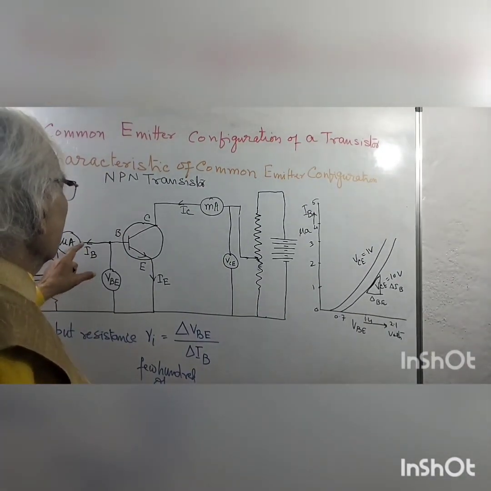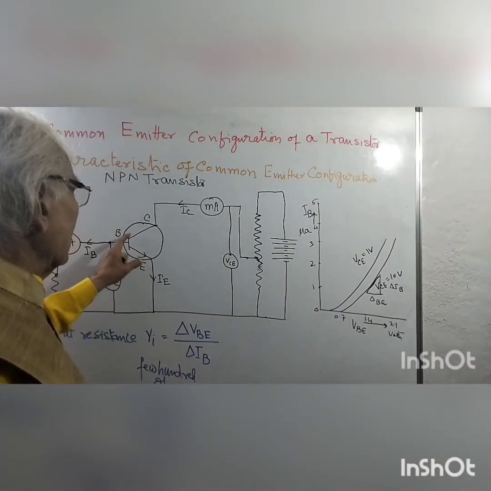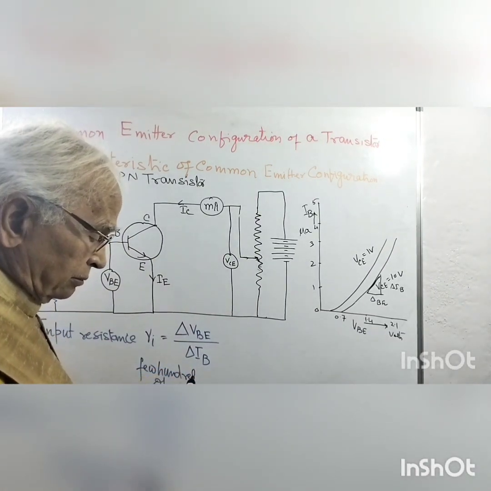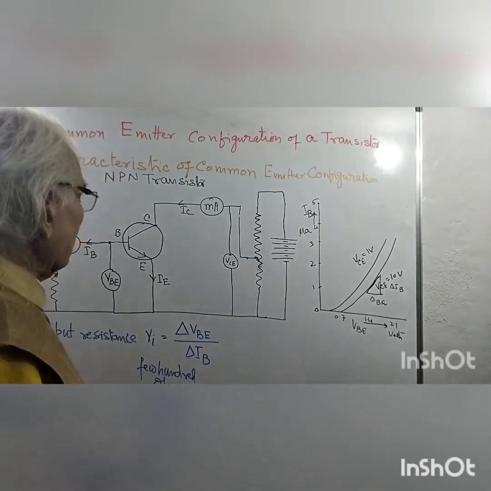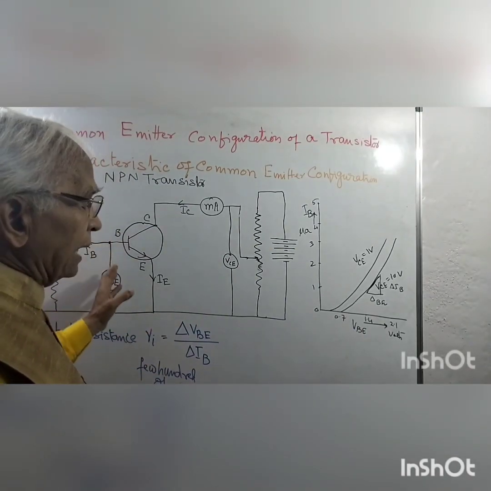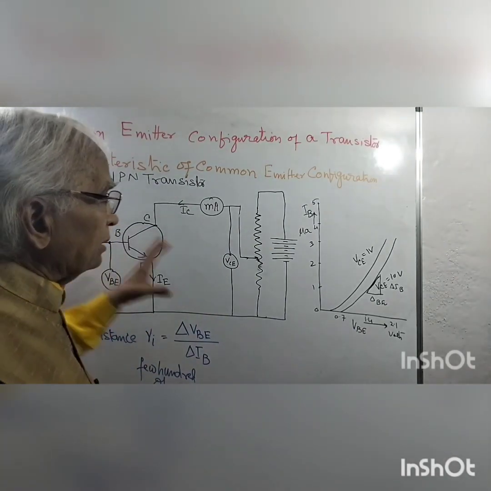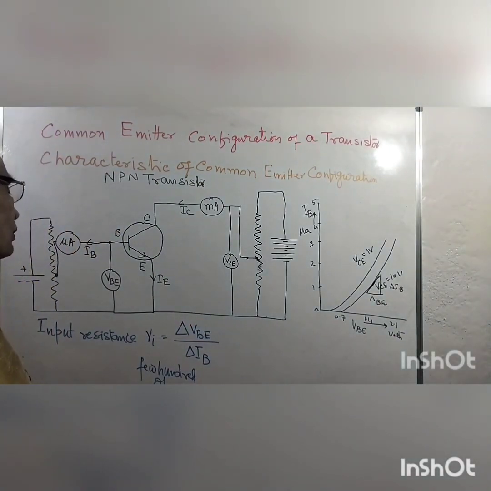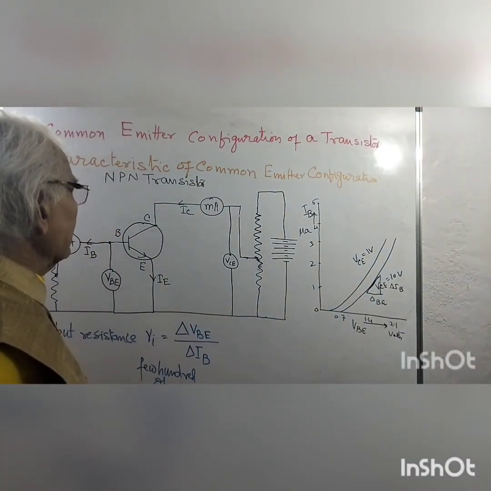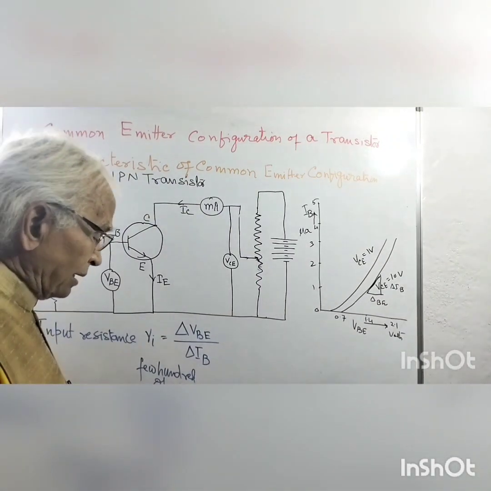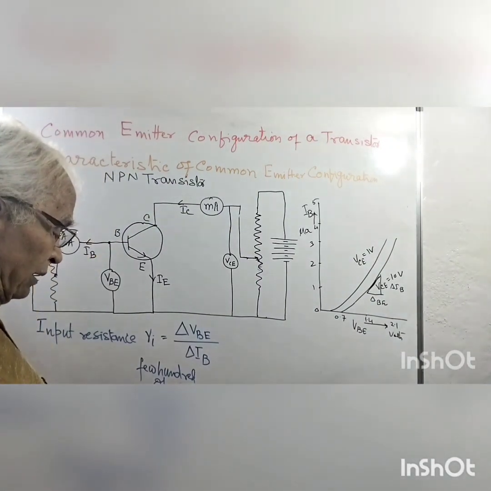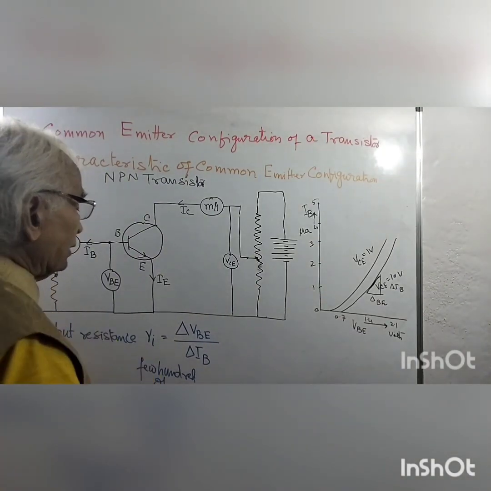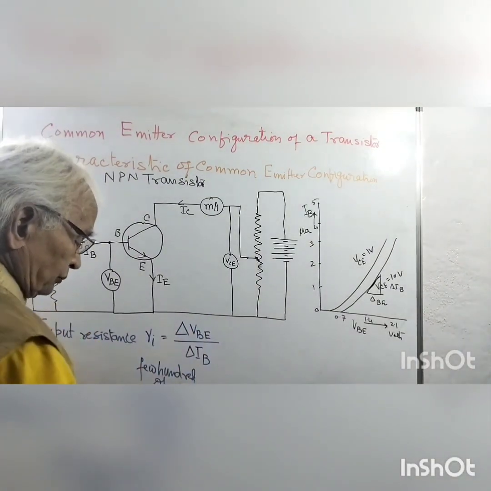Because this depends, of course, on the base emitter junction and the N-type or P-type material, and how much it is doped. So it depends upon the whole construction of the transistor, and that way we measure and calculate the value of the input resistance Ri.